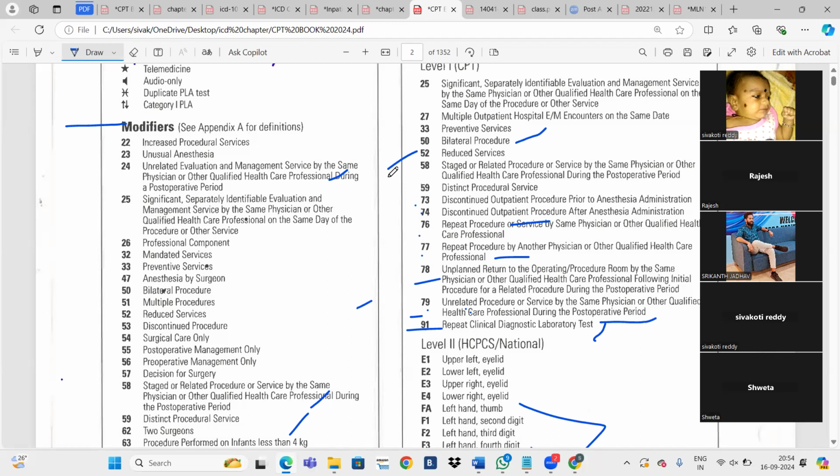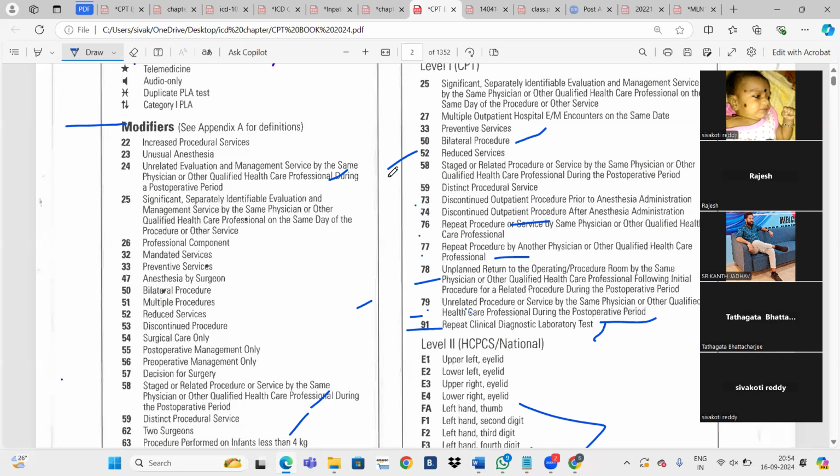See, discontinued outpatient procedure prior to anesthesia administration, and discontinued outpatient procedure after anesthesia administration. Here anesthesia means, remember, general anesthesia. For major procedures they will give general anesthesia, right? What is the meaning of general anesthesia? What is the use of anesthesia? To sedate someone.